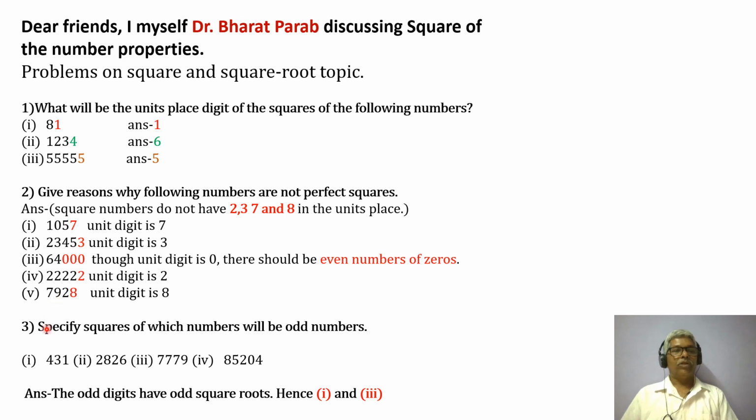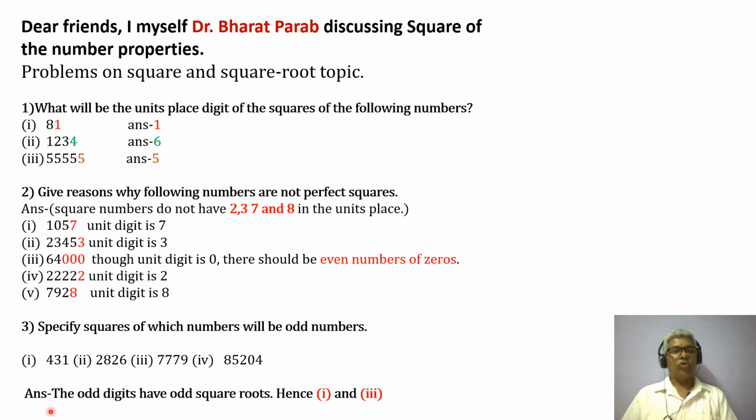Okay, third one: specify squares of which numbers will be odd numbers. If we square a number which has an odd digit in the unit place, then the square will also be odd in the unit place, that is, an odd number. So 431, the last digit is 1, and here the last digit is 9, odd, so the square will also be odd.